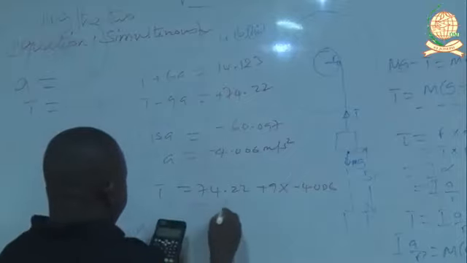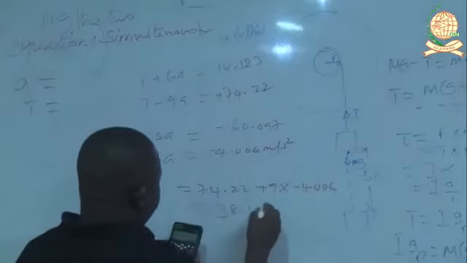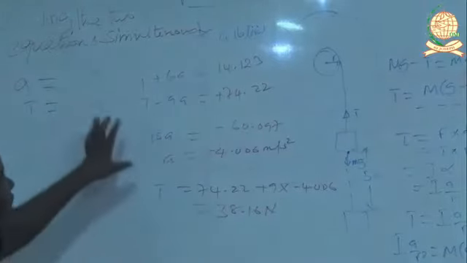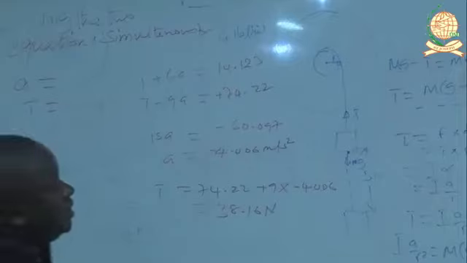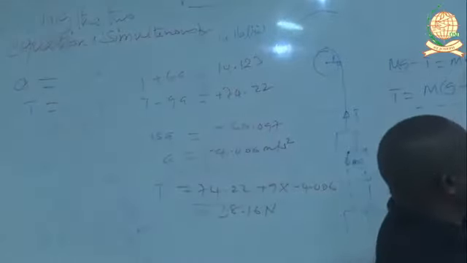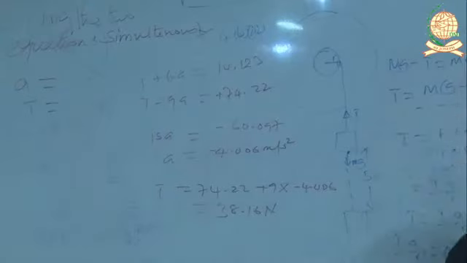Then you get 38.16 Newton. So the negative here indicates that the direction you have chosen is opposite to the real direction of motion. That means the particle is accelerating upward in this direction, not downward.